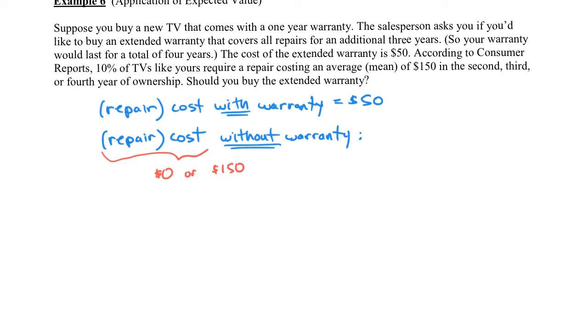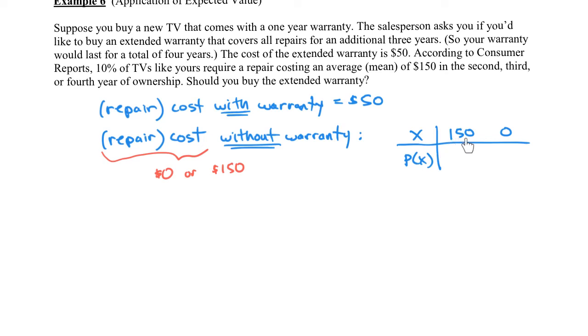We can say, well, we've got 2 things that could happen, right? It could be that we're going to pay $150, or it could be we're going to pay $0. So in other words, if our TV breaks, we're figuring out the cost without the warranty.